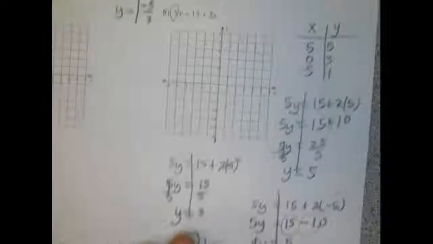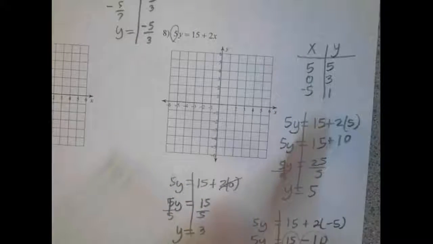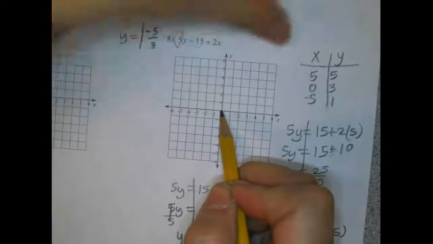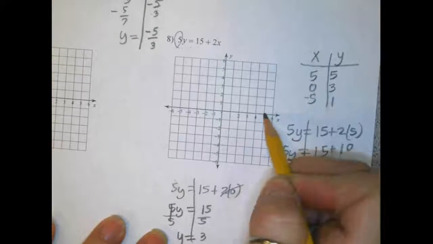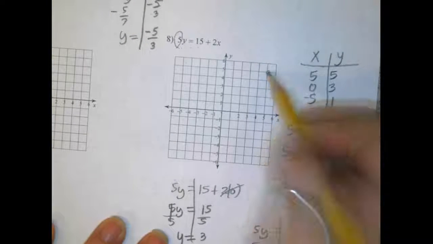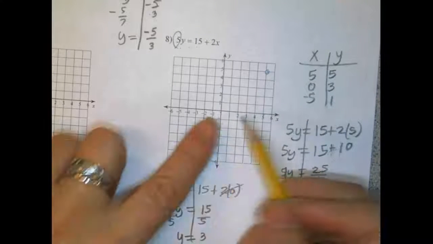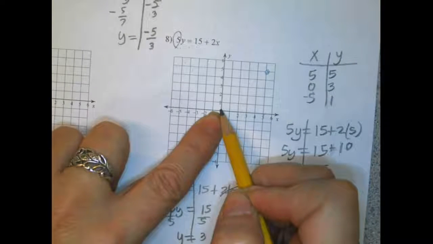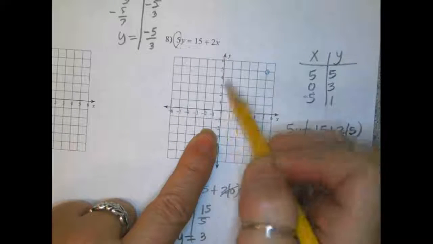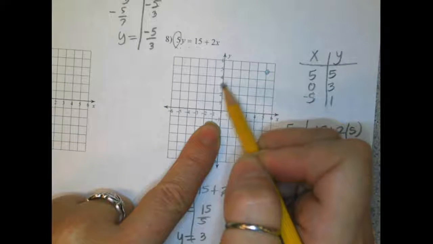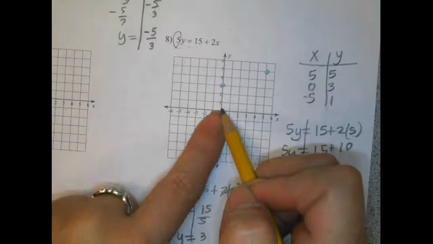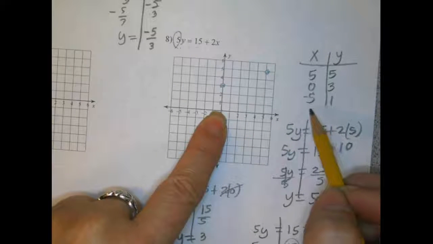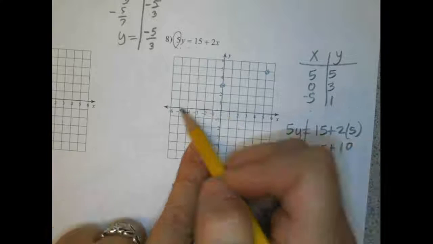And now, I have 3 ordered pairs that I can graph. Starting at my point of origin, my x is 5, my y is 5. Back to my point of origin, my x is 0, but I do have a y that is 3. So I don't move left or right, but I move up 3. And then my last one, back to my point of origin, my x is negative 5, so I'm going to go left 5.